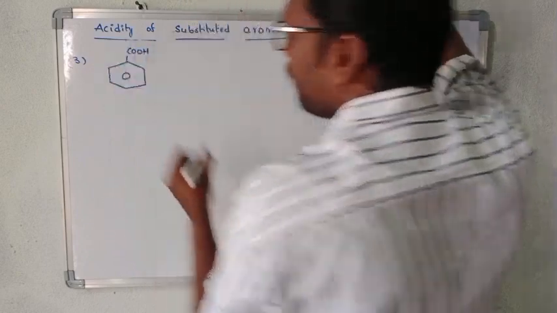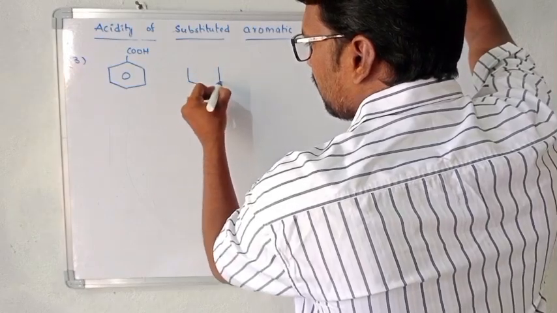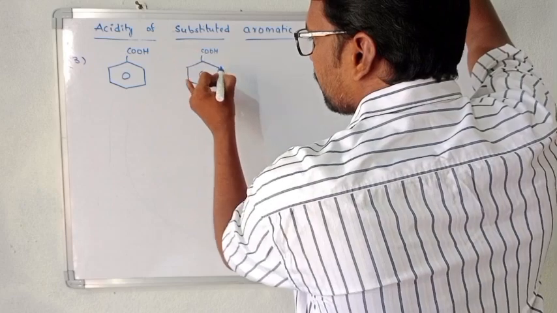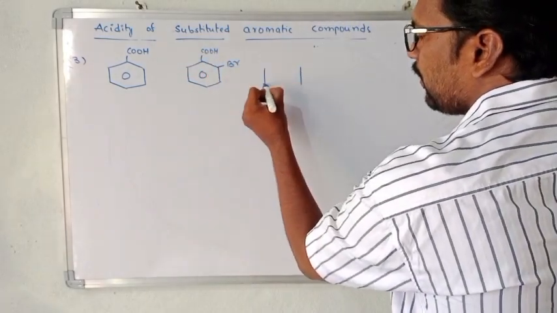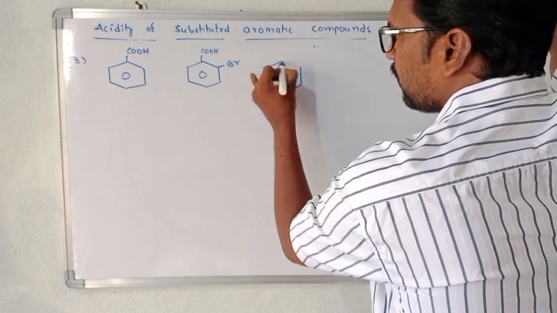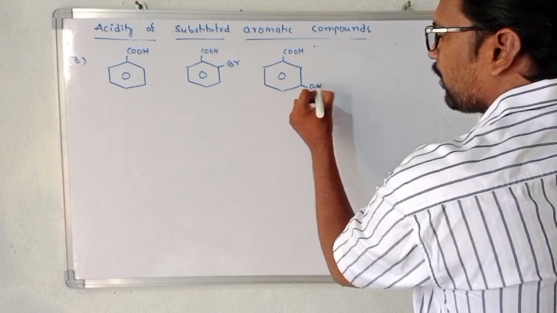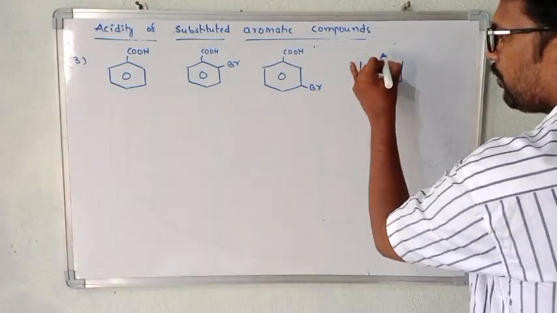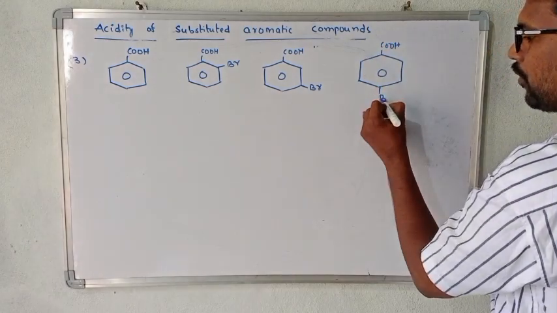Now here the substituent I take is a halogen. The halogen group can be taken as the substitution. That halogen is present at the ortho place. I take bromine: ortho-bromo benzoic acid, and in the second case that bromine is present at the meta place, meta-bromo benzoic acid, and in the third, that Br group is present as para-bromo benzoic acid.